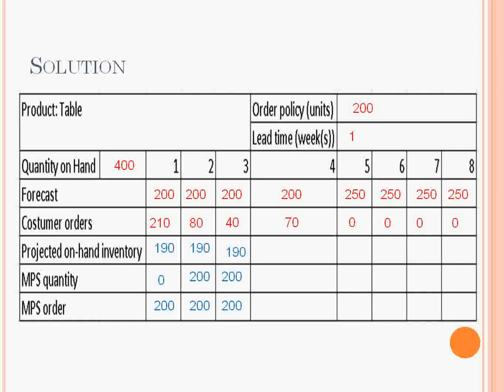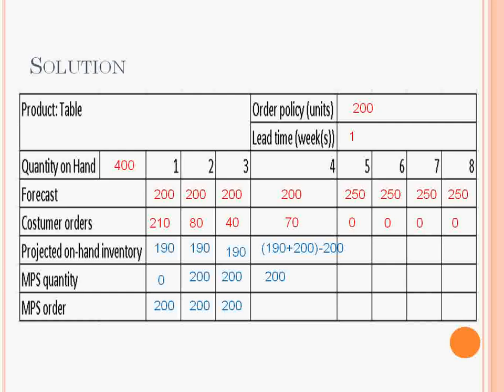At the beginning of week 4, we get 200 tables from the factory, and we have 190 in our stores, so we have 390 again. We sell 200, so there remains 190 on-hand inventory as usual.